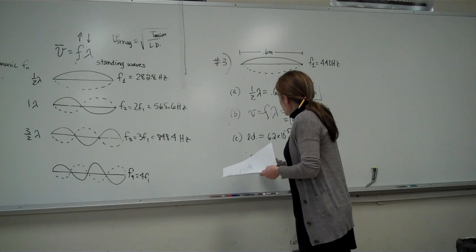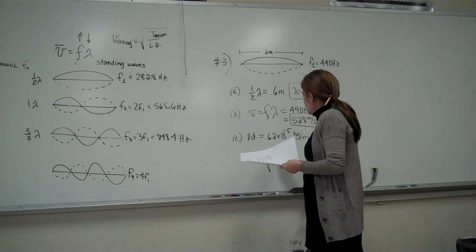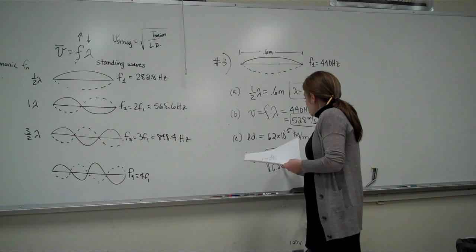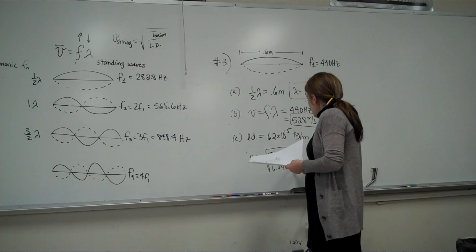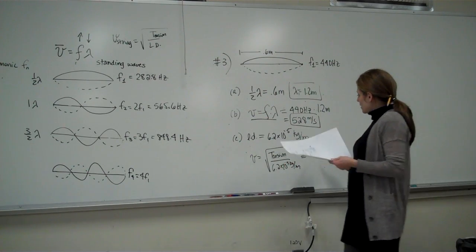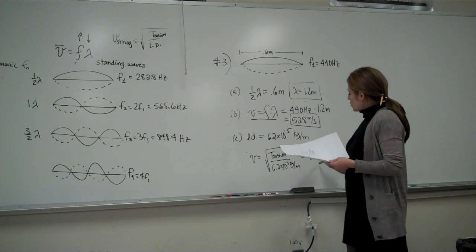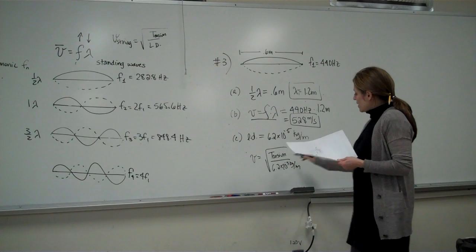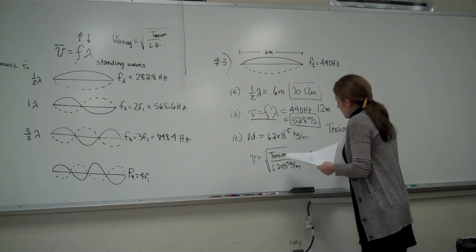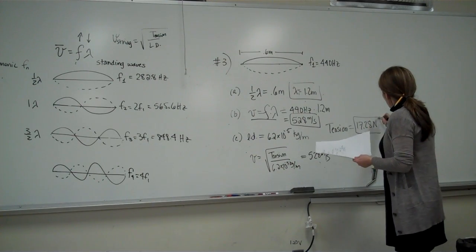So now we can use our other equation for velocity that has tension in it, which is the square root of the tension divided by the linear density, 6.2 times 10 to the negative 5th kilograms per meter. We calculated the velocity this way, so we can stick in 528 meters per second for velocity, square it, multiply by the linear density, and you get that the tension is 17.28 newtons.